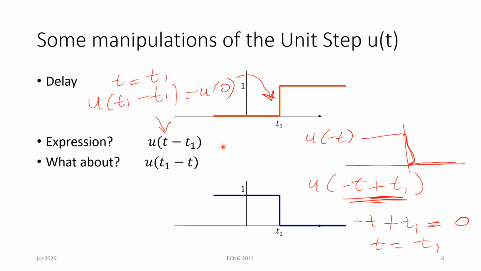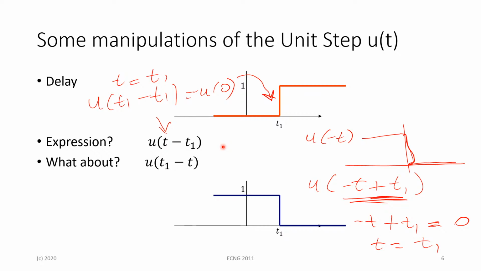One thing to note is that when we did those shifts in our previous lecture, t was positive, so the sign in front of t was positive. If you added t1 to t in that particular case, you would have gotten a shift to the left because the sign in front of t was positive.